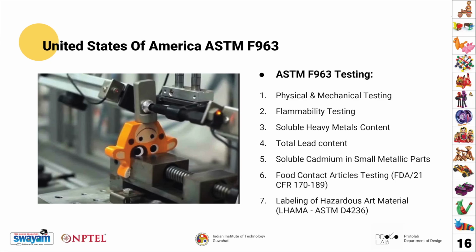These tests ensure that materials do not contaminate food or release harmful substances. Seventh, labeling of hazardous art materials. Art-related toys such as paints, markers, or modeling materials must comply with labeling regulations. These labels inform consumers of any potential health hazards and provide safe usage instructions.